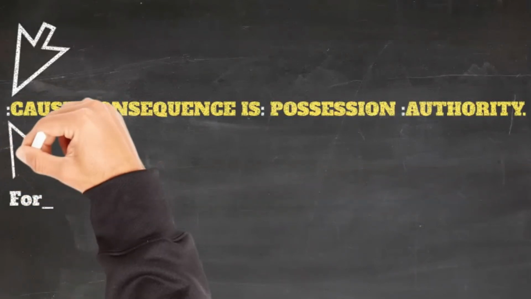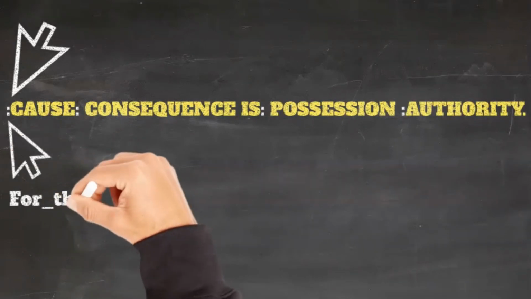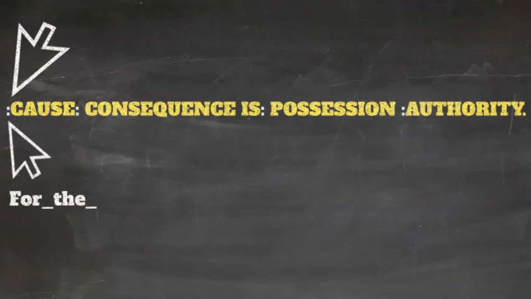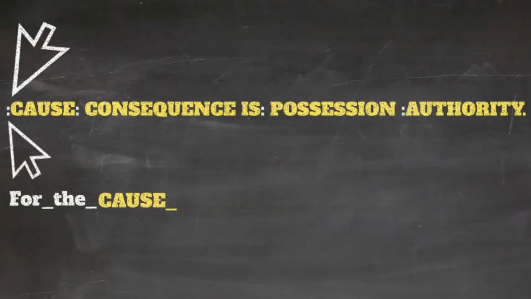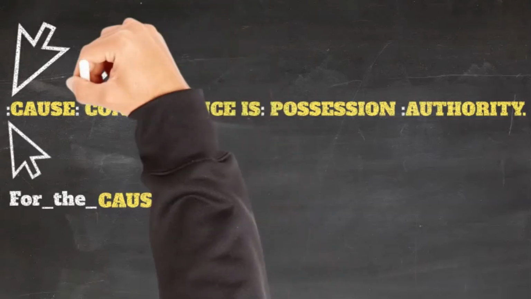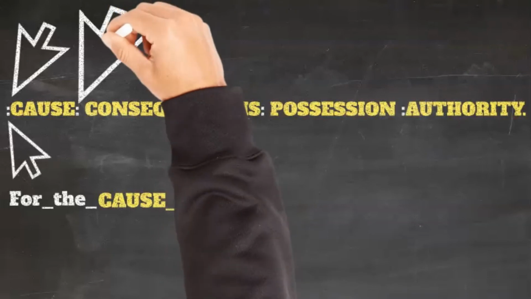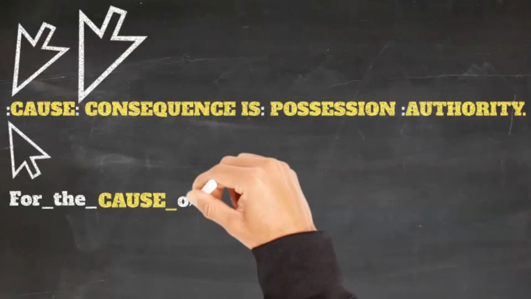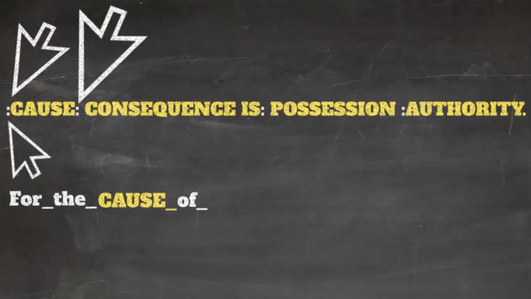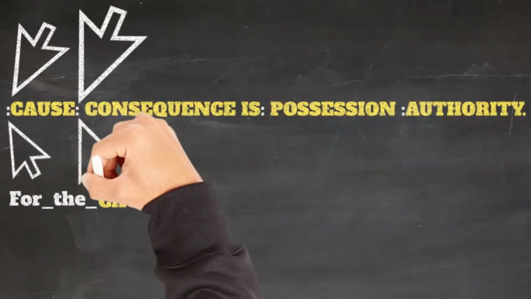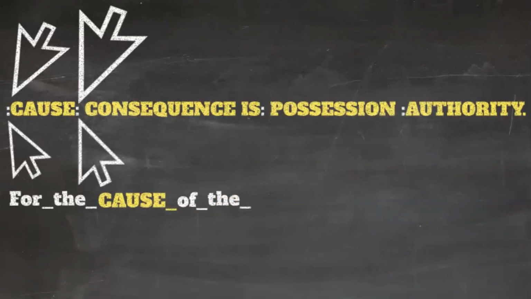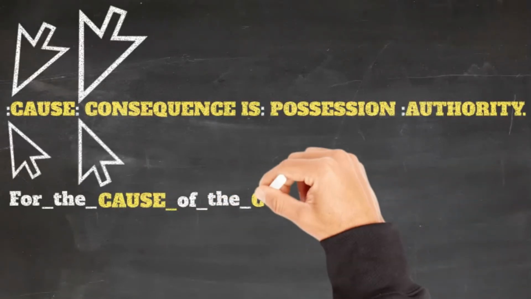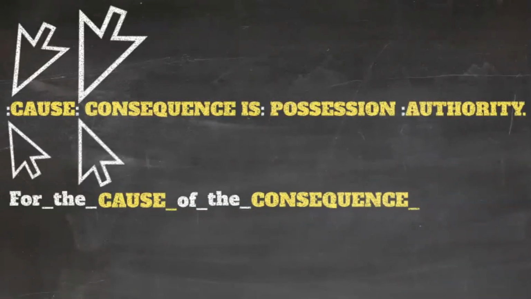Our second dot is the and a space. Then we have cause and a space. Remember, each word has a space. This next dot is of and a space. The following dot is the and a space, followed by consequence with a space.